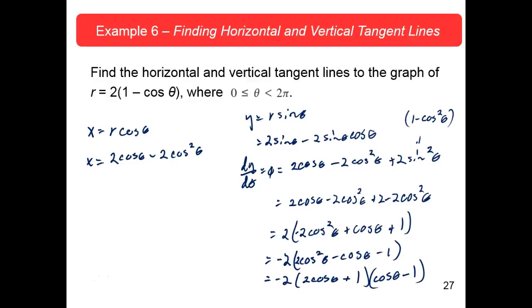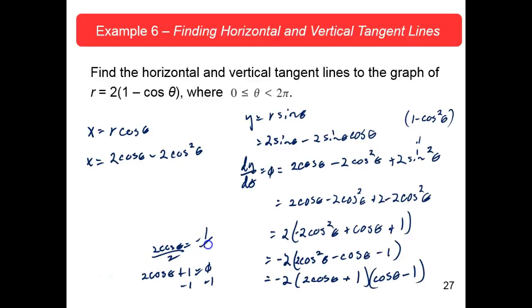Okay, and where that's equal to 0, obviously negative 2 is never 0, so that's not going to contribute anything. So it's 0 where 2 cosine theta plus 1 is equal to 0. Can you tell me right off the top, or do I need to do a little manipulation? Subtract 1 from both sides, and you have 2 cosine theta equal negative 1.